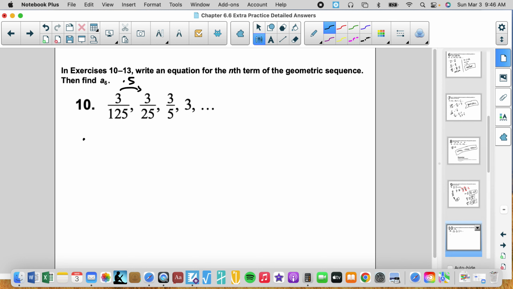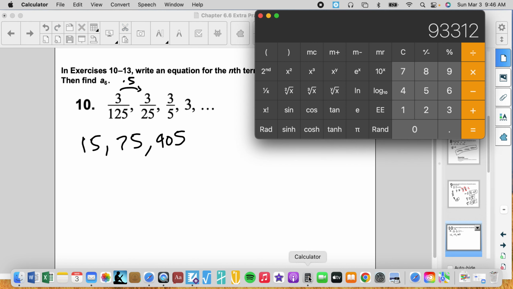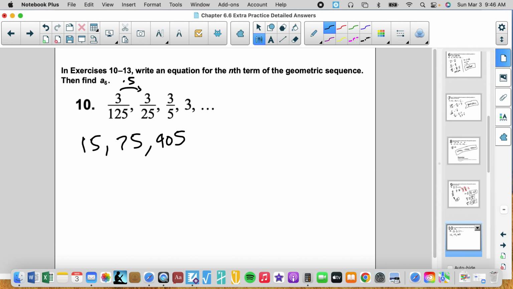If I multiply by 5, multiply that by 5, multiply that by 5, so the next ones are 15, and 15 times 5 is 75, and multiply that by 5 is 375. That seems a little aggressive. No, that's okay. 75 times 5 is 375. I was wrong earlier. 375.